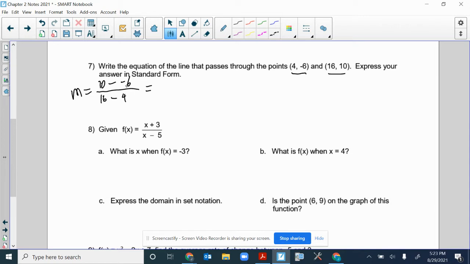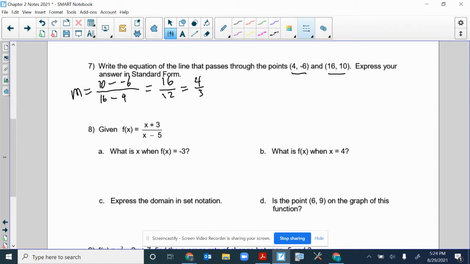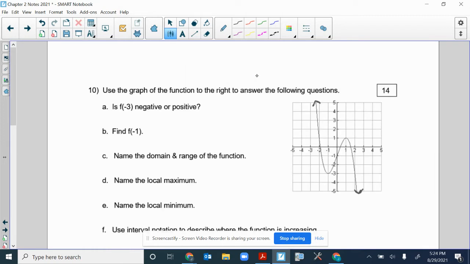We simplify this: that's 16 in the numerator, 12 in the denominator, and 16 over 12 simplifies to 4/3. Now this is the point where you choose. If you remember, you can do point slope form.